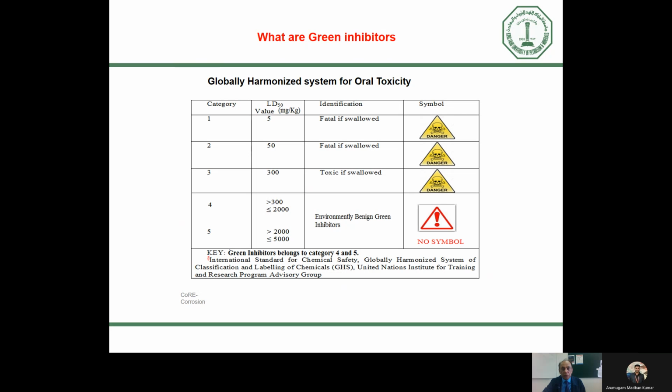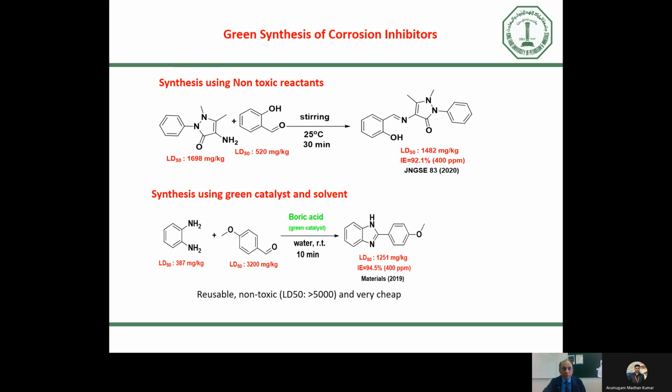So we should also see that whatever chemical we are using is non-toxic. This toxicity data we can find from Google, and we can synthesize inhibitors from these non-toxic chemicals. And we can also synthesize inhibitors by catalyst.